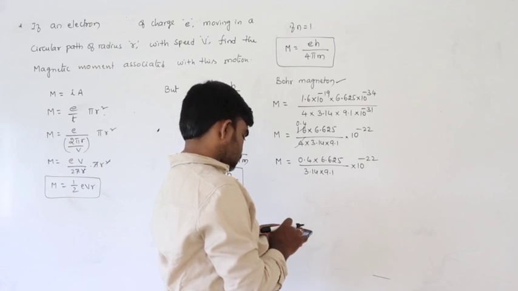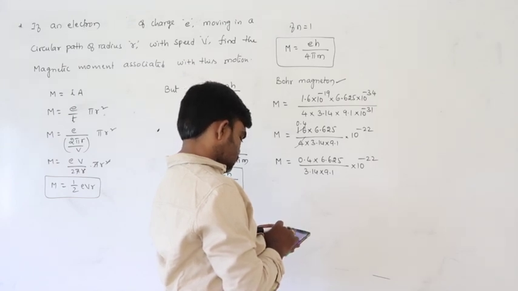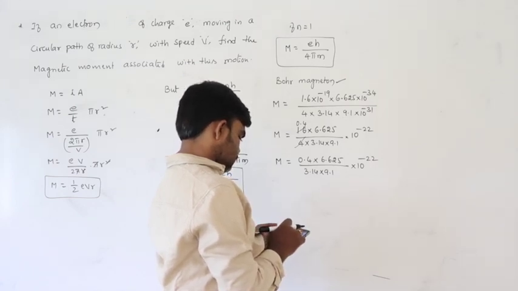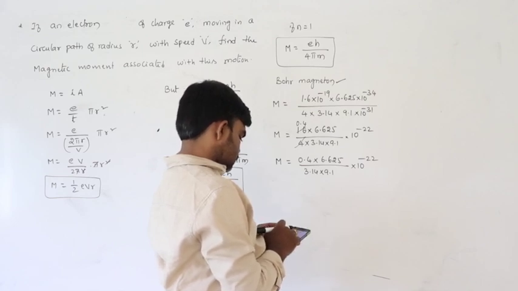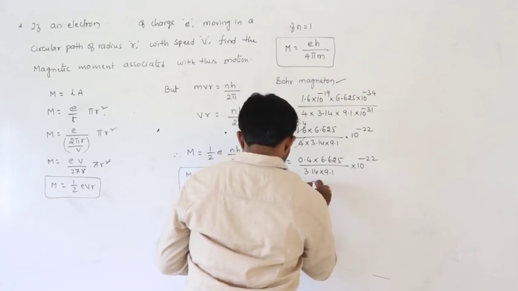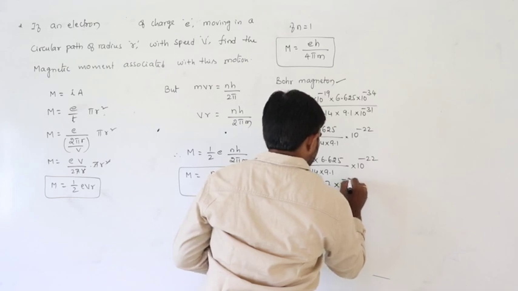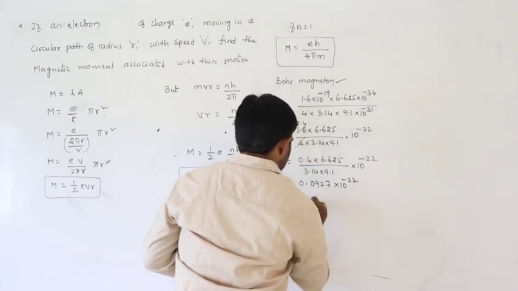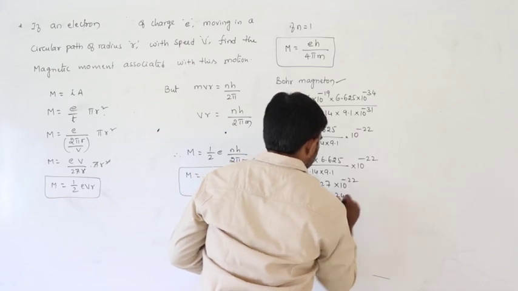Let's calculate that: 0.4 into 6.625. So this value is 0.0927 into 10 to the power of minus 22, or approximately 9.3 into 10 to the power of minus 24.